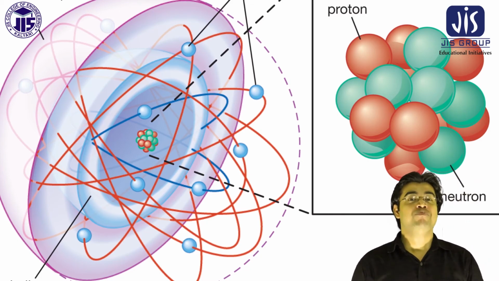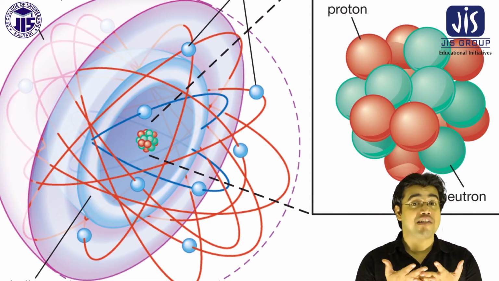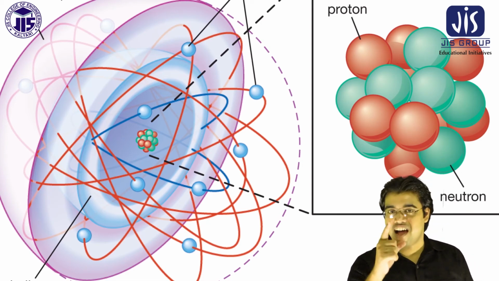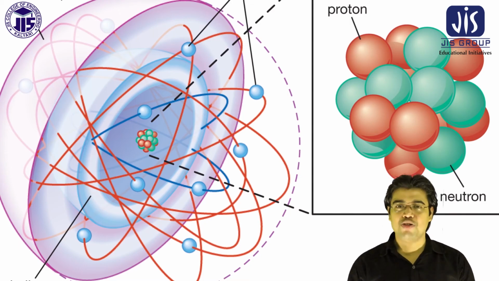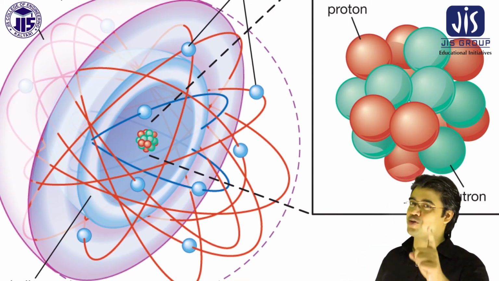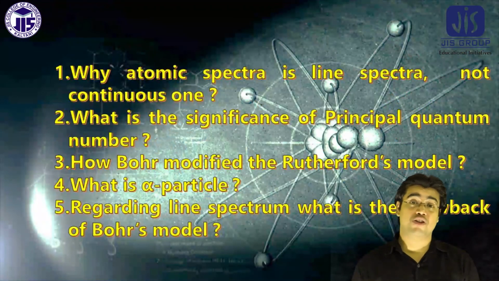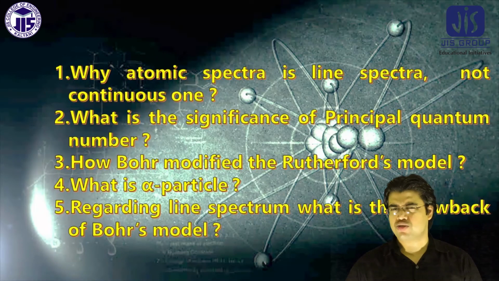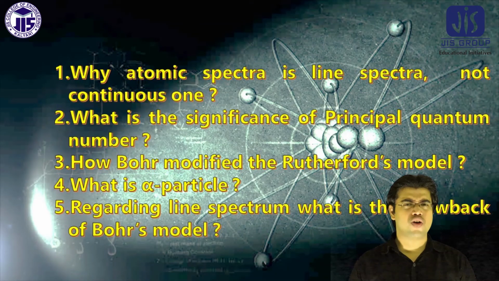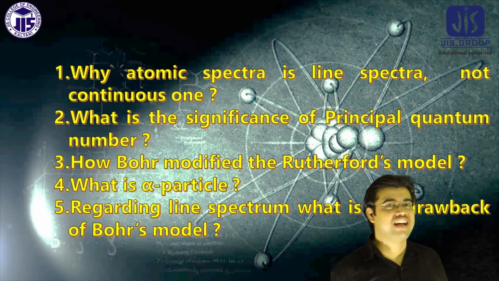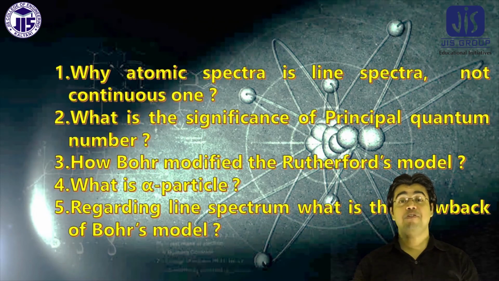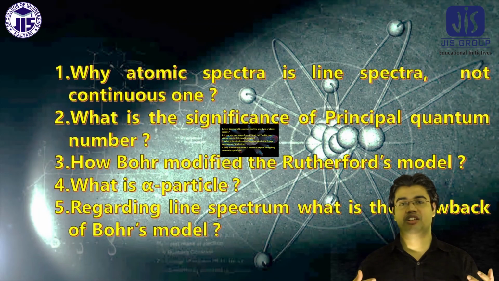So that's why the fine structure, or the further splitting of the light spectrum with a high resolution spectrophotometer, was not explained by Bohr's model. Okay, so I have already discussed all the answers with you. Just check whether they are right or wrong. I know most of the students have answered rightly. If there is any mistake, just write it down correctly.